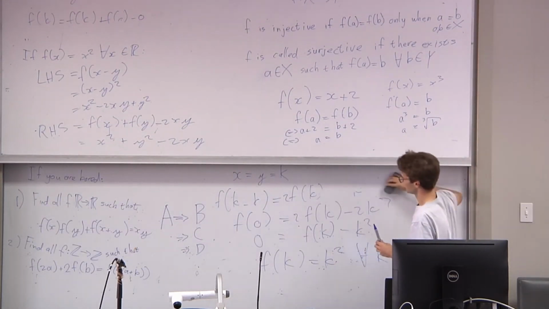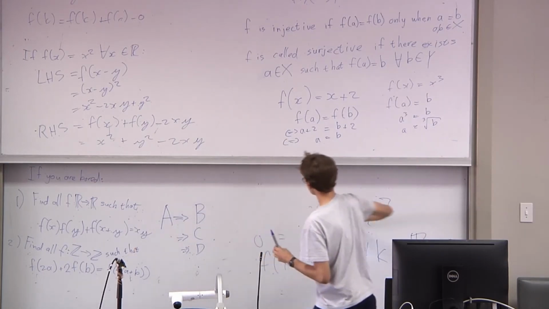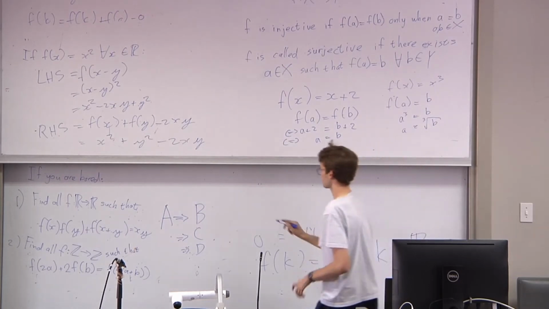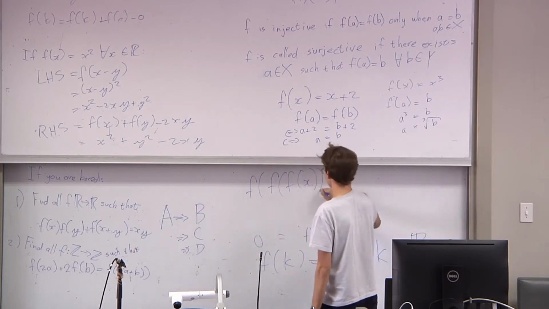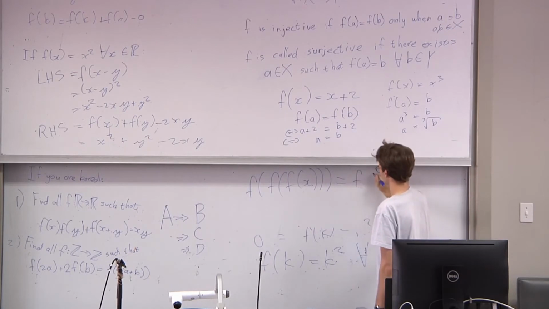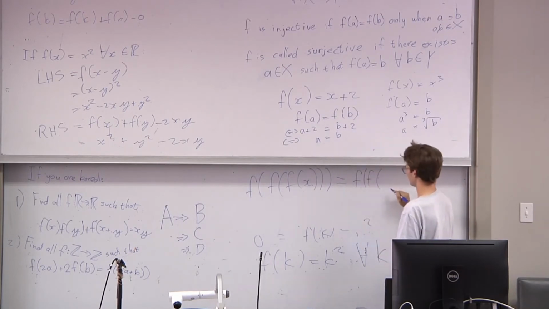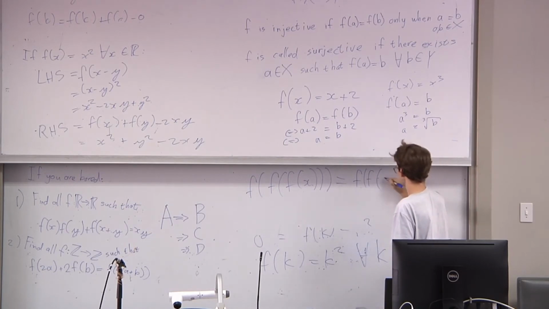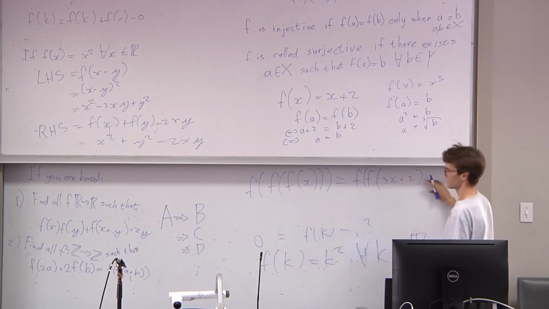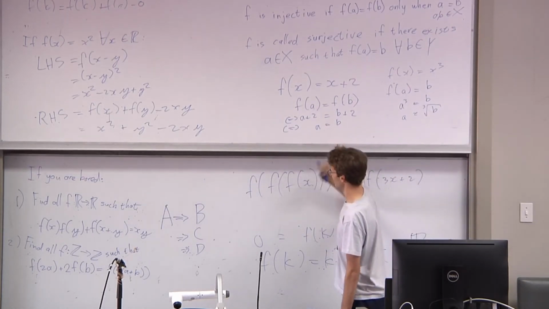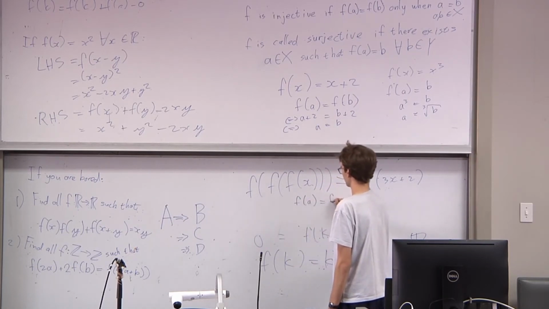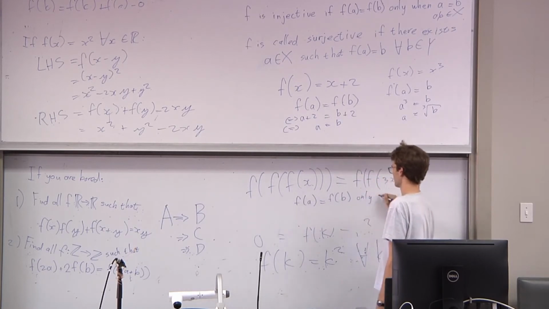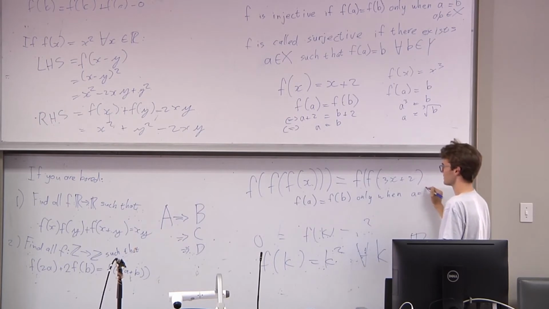Injectivity comes up a lot more often than surjectivity, and it's useful because if you have a function or expression form, for instance, f of x is equal to f of 3x plus 2, and you have that f is injective, then f of a equals f of b only when a equals b.